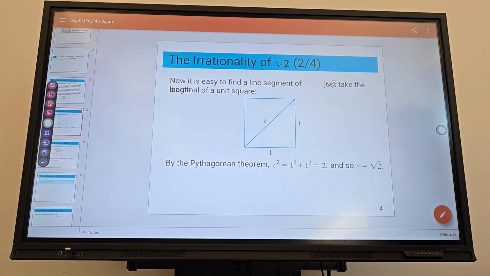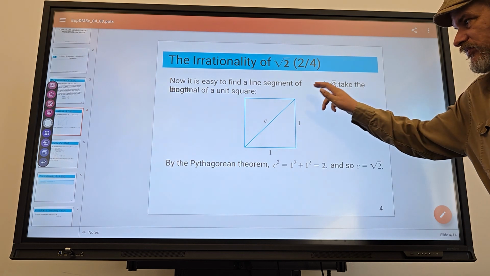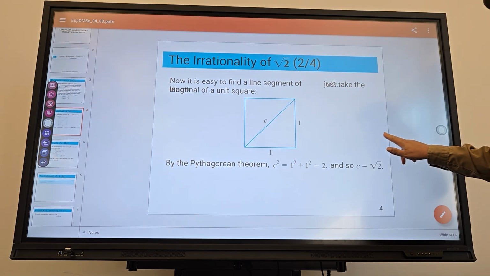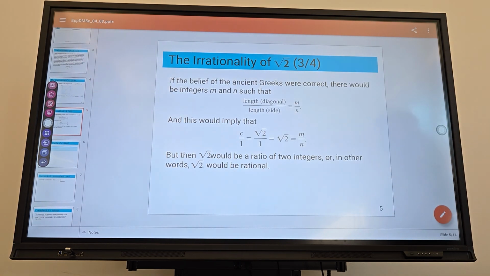Now it is easy to find a line segment of length square root of 2: take the diagonal of a unit square, and by the Pythagorean theorem, you know that c equals the square root of 2. So if the belief of the ancient Greeks were correct, there would be integers m and n such that the diagonal over the side would be a ratio of integers.